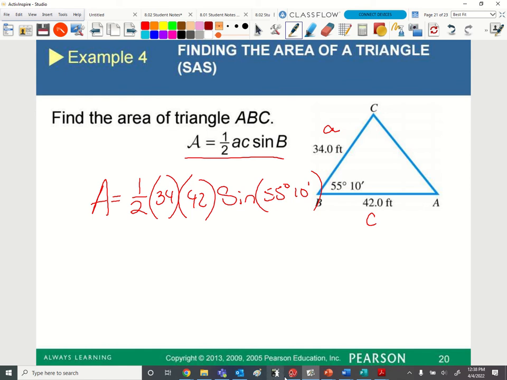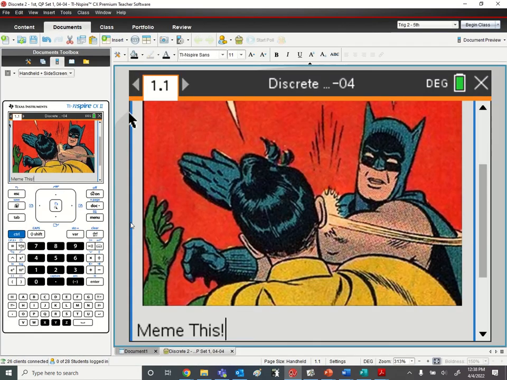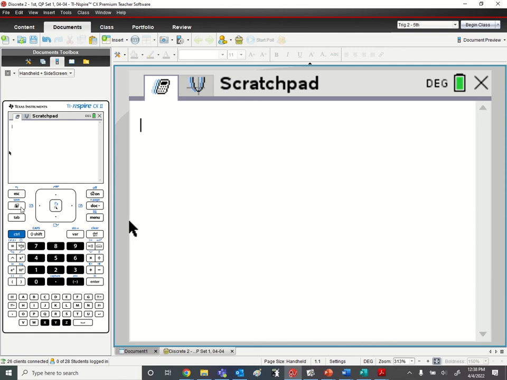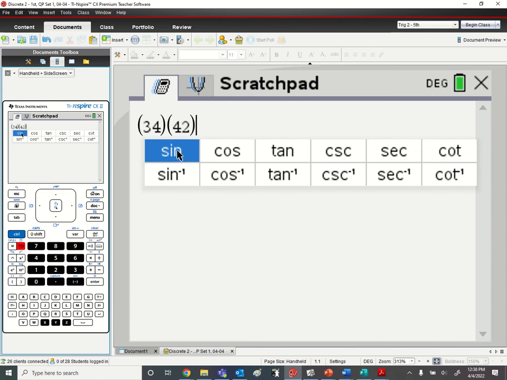Now, let's go ahead and right here, documents, I'm in degree. So what was my number, 34? Okay, so I'll do the parentheses too. 34, 42, sine.